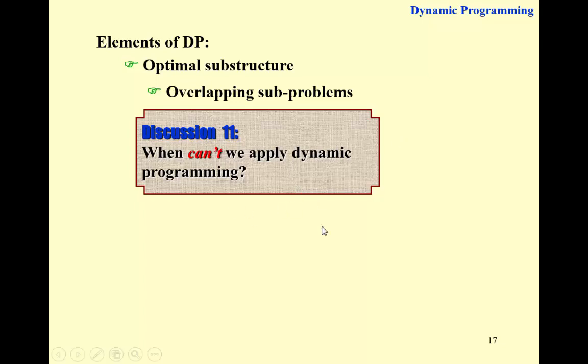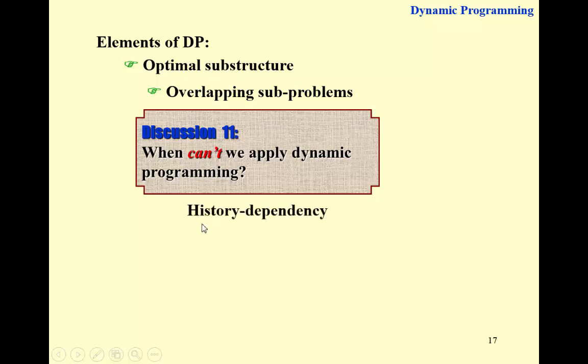Well, there are basically 2 cases, right? The first is that there is no optimal substructure. Optimal substructure means we can build an optimal solution of the whole problem from the optimal solutions to its subproblems. If that is not the case, then we cannot apply dynamic programming.